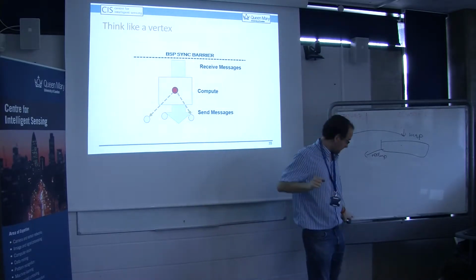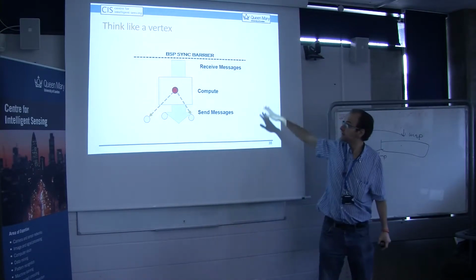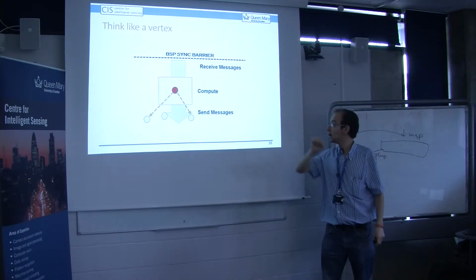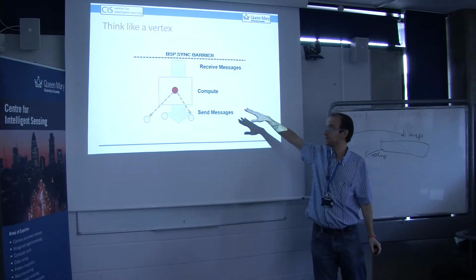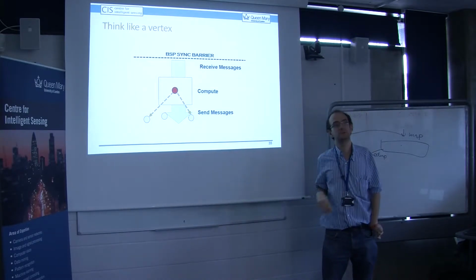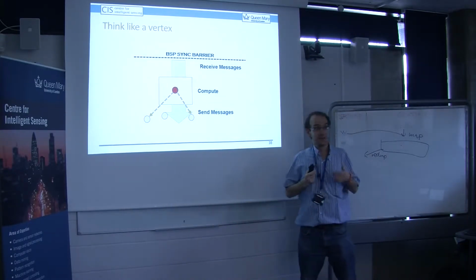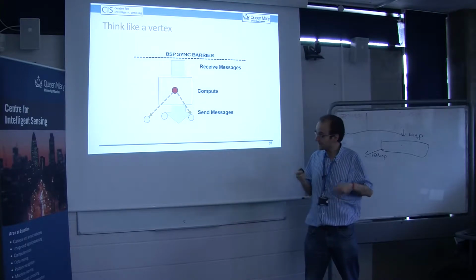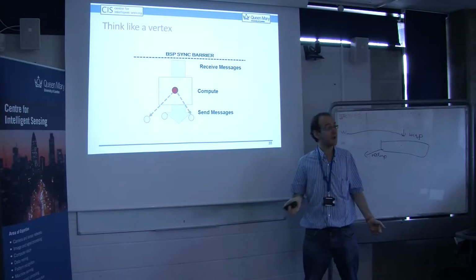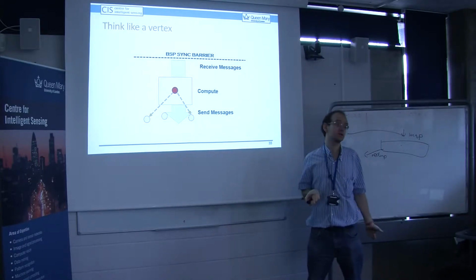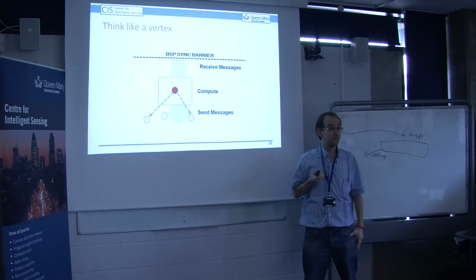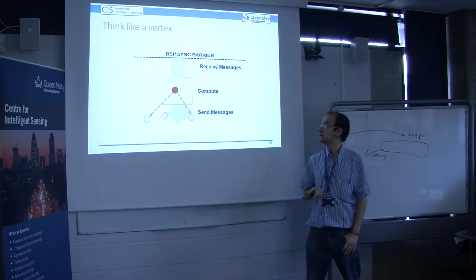And just by implementing this execution loop with those three parts, how do I receive messages, update my local state and send the messages, it is actually possible to implement every graph algorithm that depends on a lot of graph traversal. So if you need to explore a graph in parallel and you are not sure how to do it, this is a relatively natural model of expressing your computations.